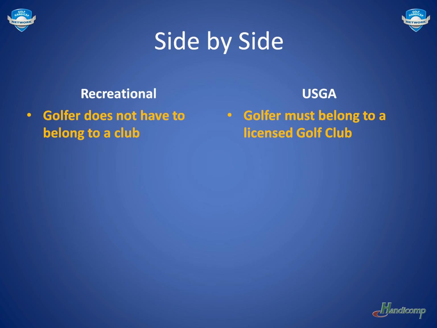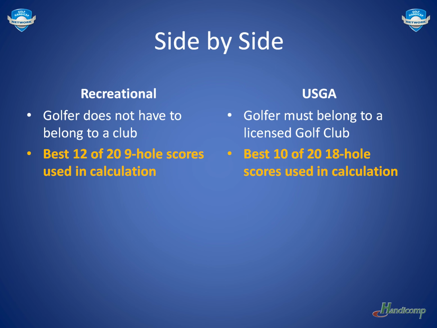So let's do some side-by-side comparative stuff. For a recreational, a golfer does not have to belong to a club. USGA, a golfer must belong to a licensed golf club. In recreational, the best 12 of 20 9-hole scores are used in the calculation. If you do the math, that's the best 6 of 10 18-hole scores.